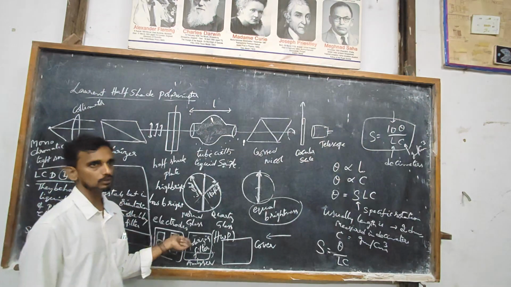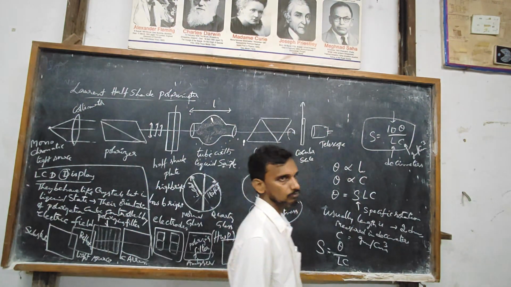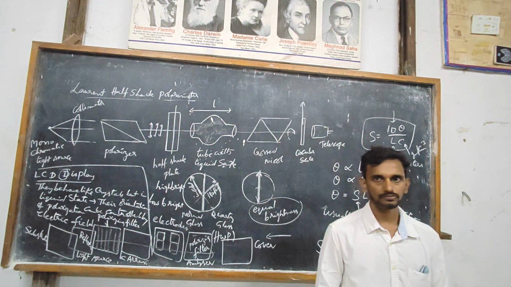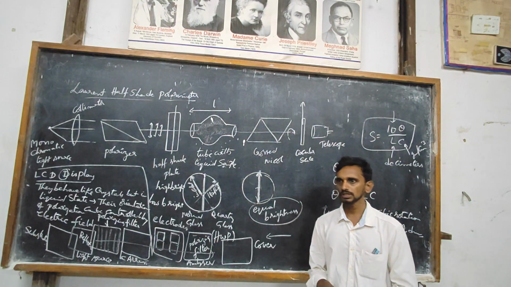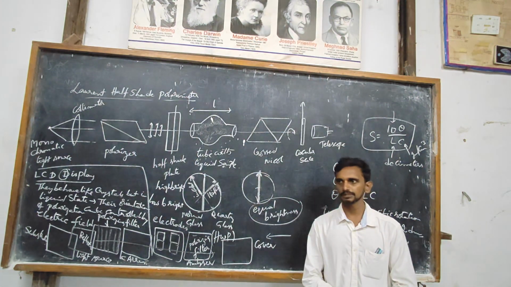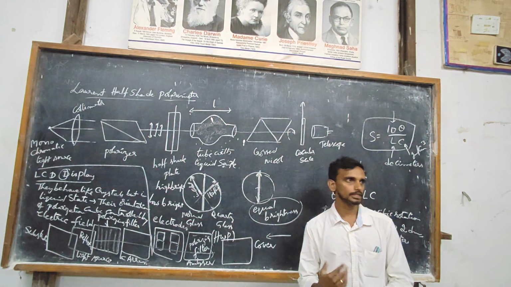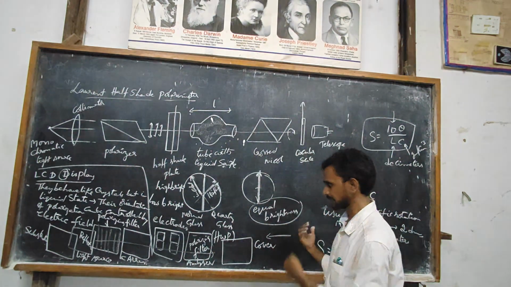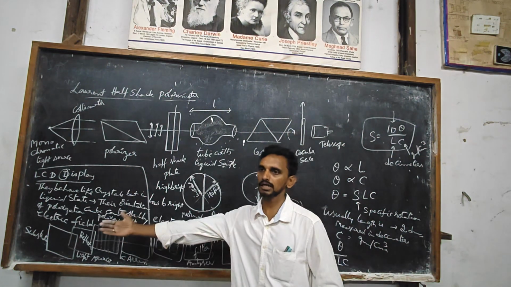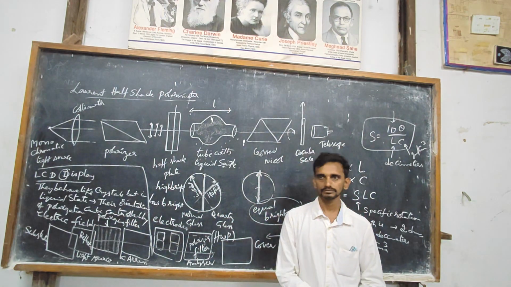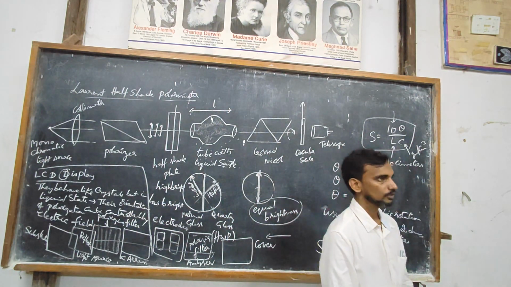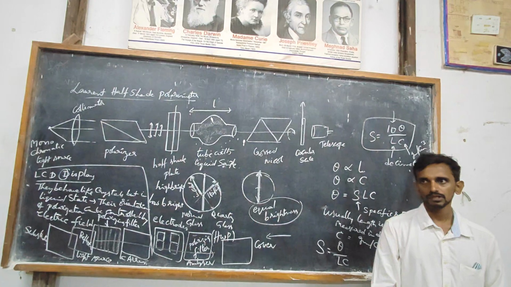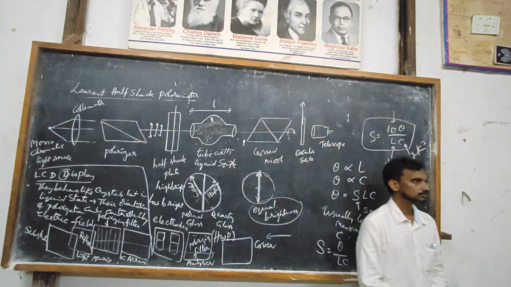Where the electric field is applied, light transmission blocks. Okay, so there are two types of LCD displays. One is the backlit type LCD display, another is the normal display where light enters from the cover and reflects back from the substrate. Okay, that's all.